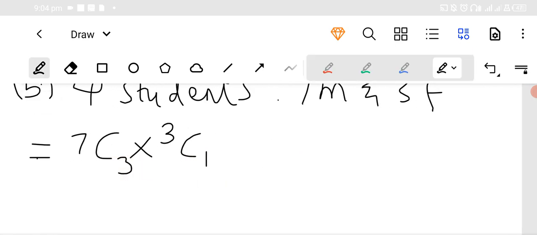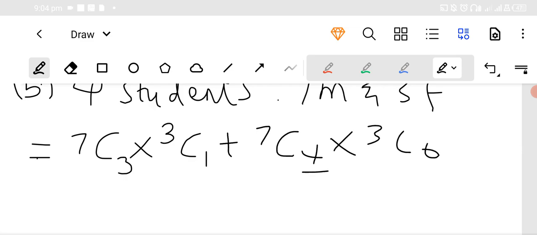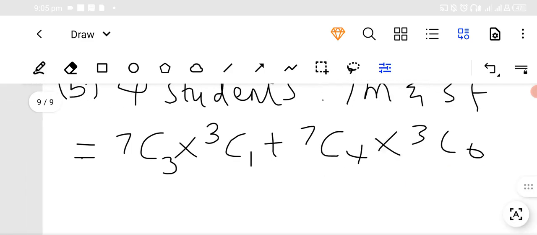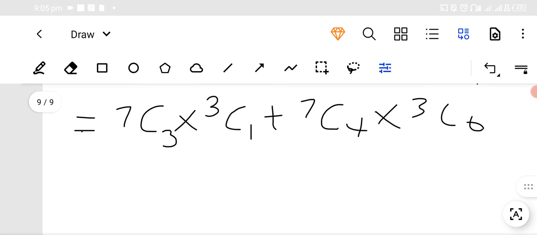And then you're going to have plus 7 combination 4, where I've just chosen males throughout. So 4 males multiplied by 0 females. So this and this should give us 4.